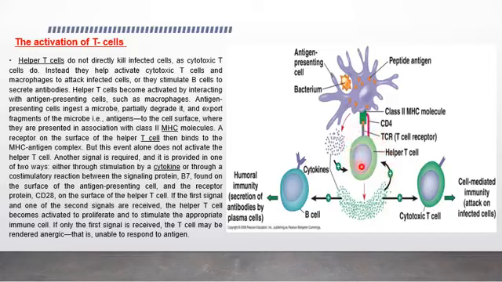The first recognition, or first activation, of the T cells happens when the T cell receptor, of the T helper cells or the T cytotoxic cells, recognizes the peptide fragments.